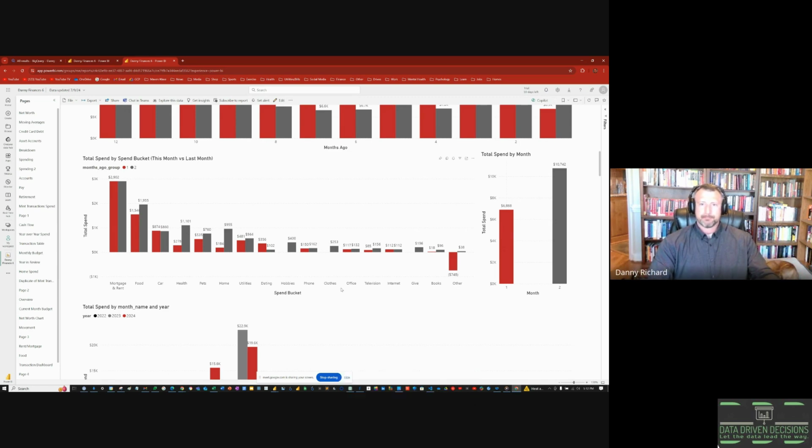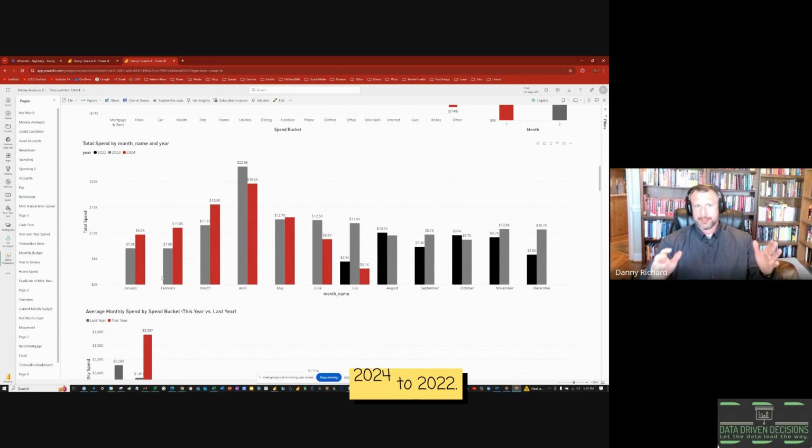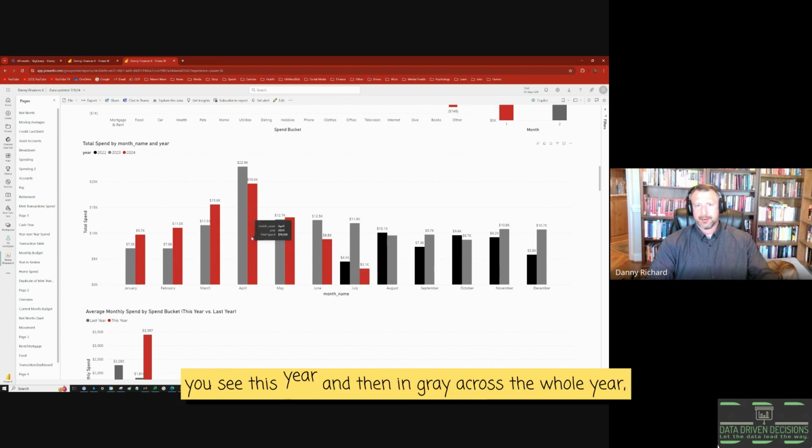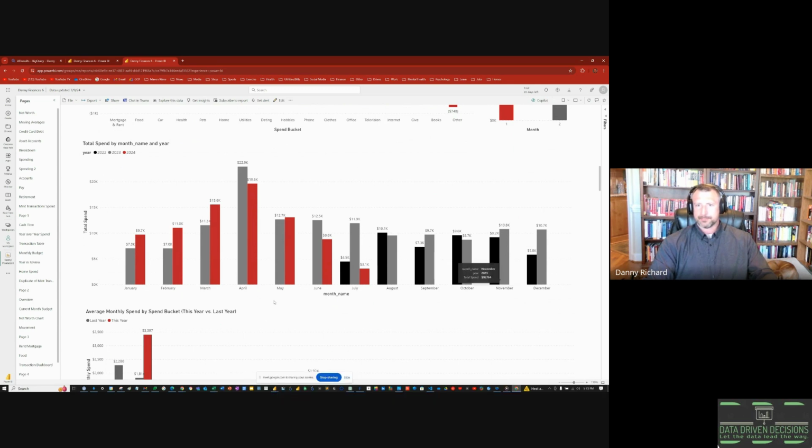It's really sweet. This is looking at now the year 2024 to 2022. So that's what the segmentation is. In red you see this year, and then in gray across the whole year you see 2023, and then for the last half of 2022, that's what's making up the 24 monthly buckets.